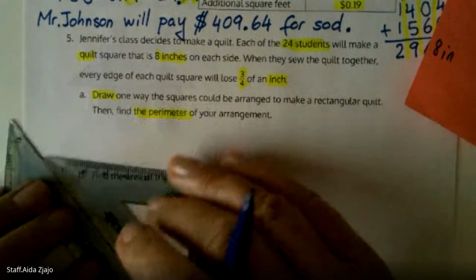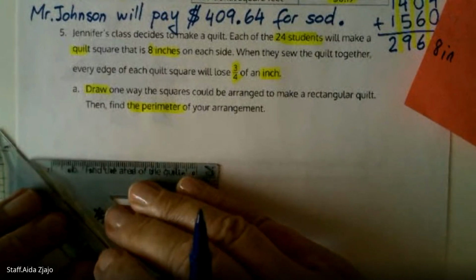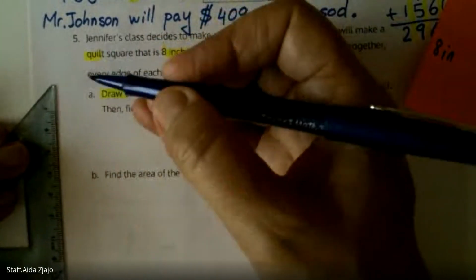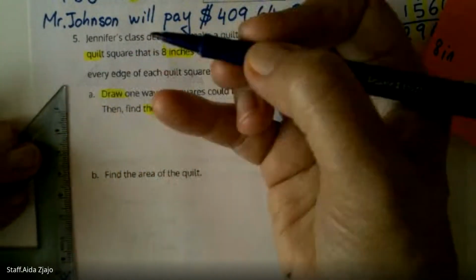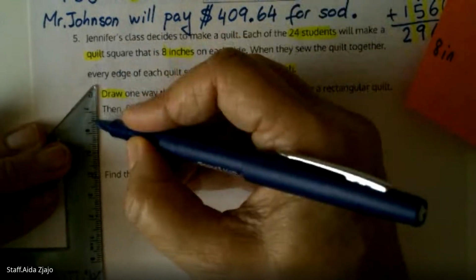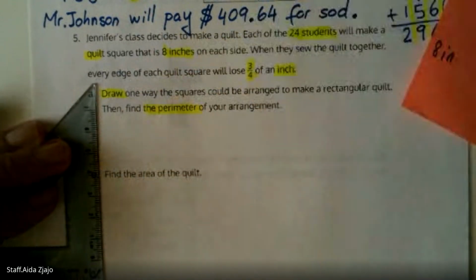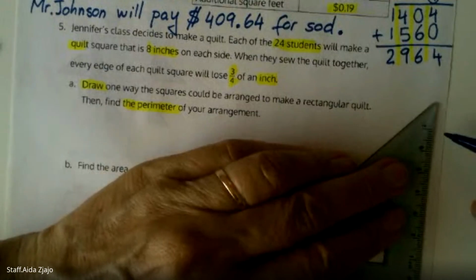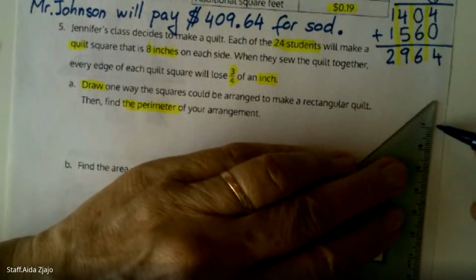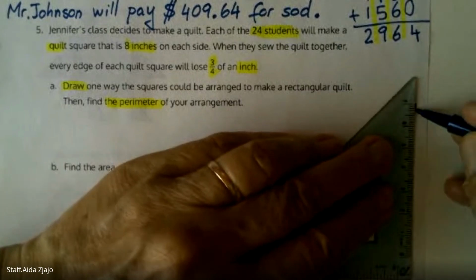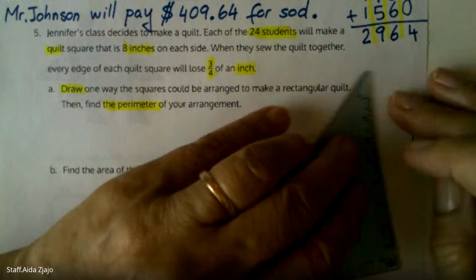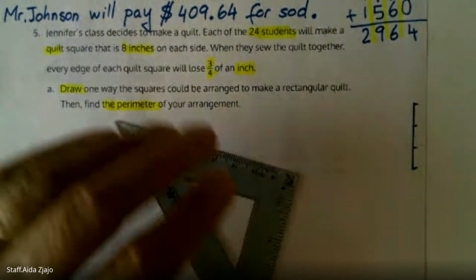To be precise, I'm going to use 3 by 8. Let me see if this will work. 1, 2, 3. 3 by 8.